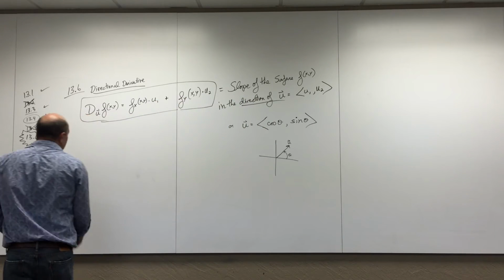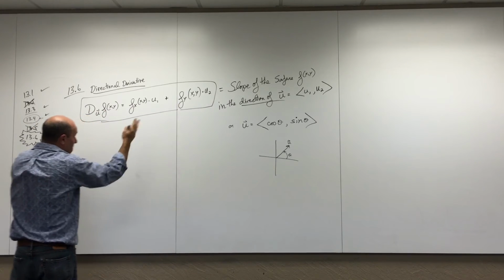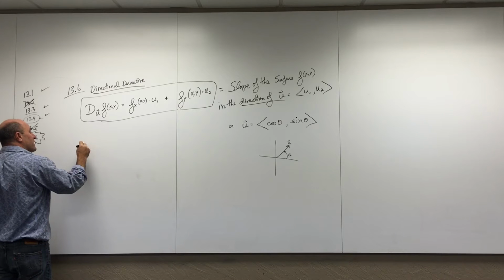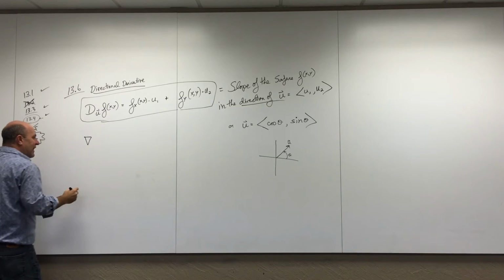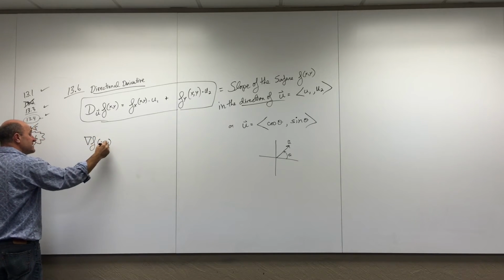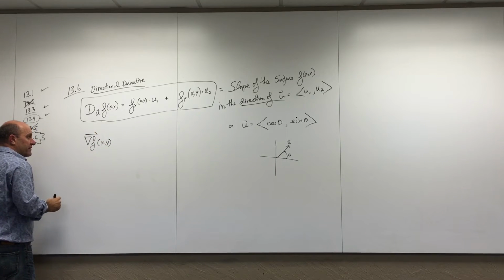Let's keep talking. So that's an important idea. We should do some problems, but it's just this formula. It's not all that horrible, but there's another big idea. The other big idea is called del f of x y. And this is a vector, so I'm going to put a vector symbol on top of it.